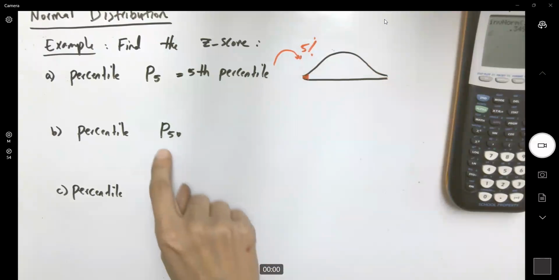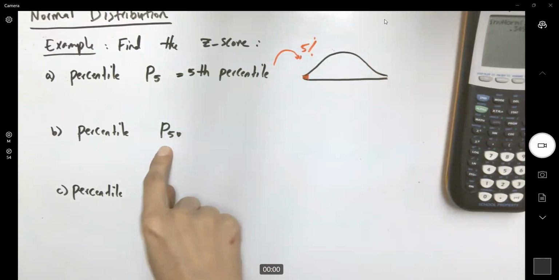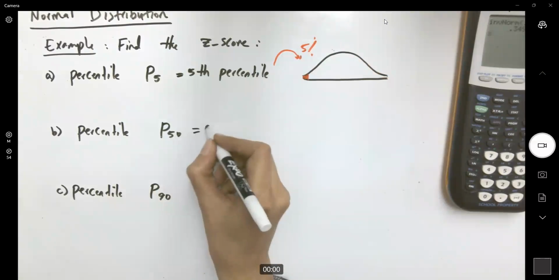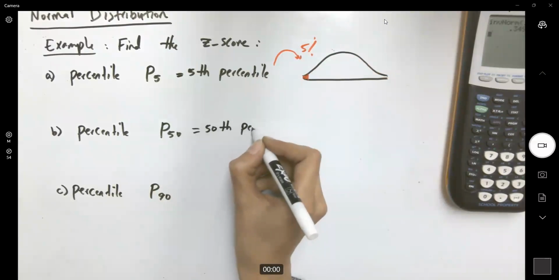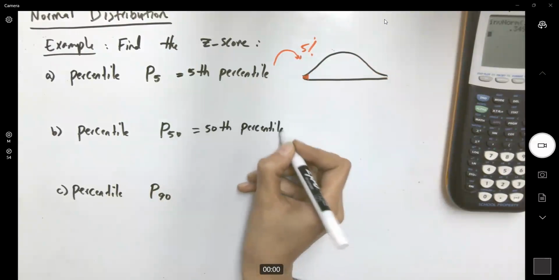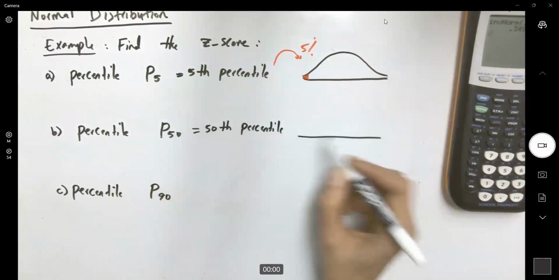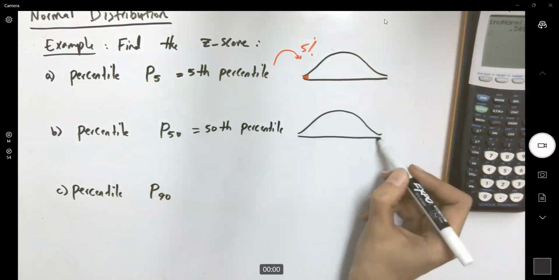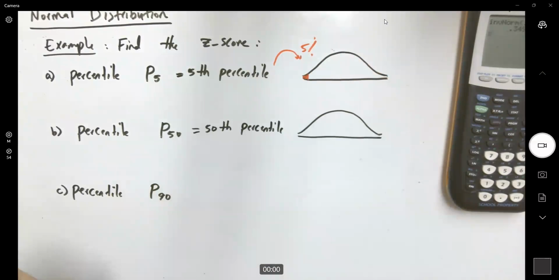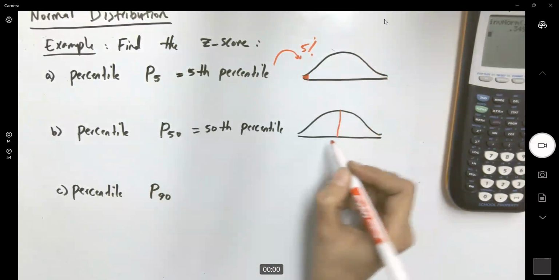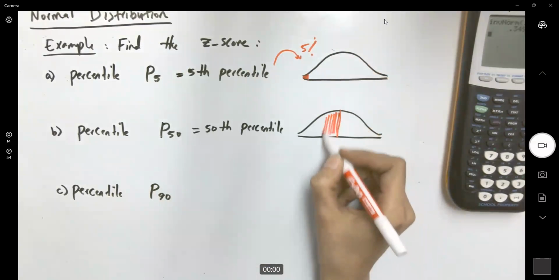It's 5%. 5th percentile or 5%. When we are talking about 50th percentile, we have the following: half of the area, 50% of the area.